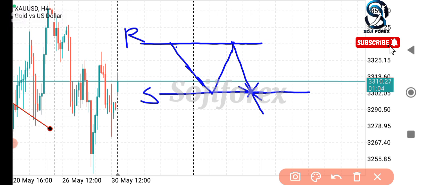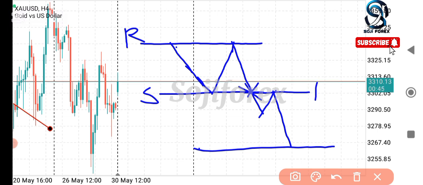So now what do we want to see? When price breaks a support zone and then retests that zone to create a new support zone, unlike this, the previous support zone automatically will become a resistance.